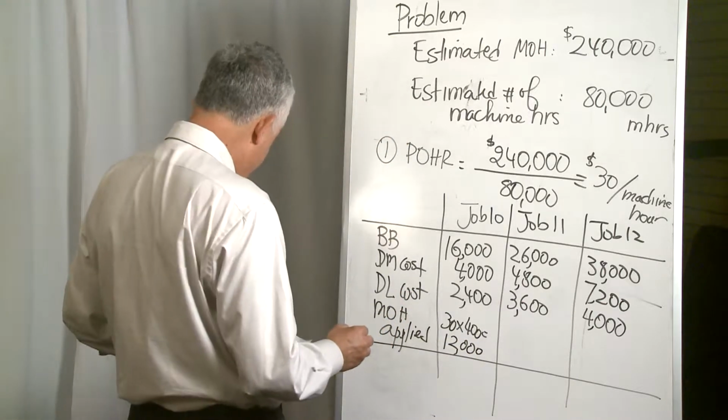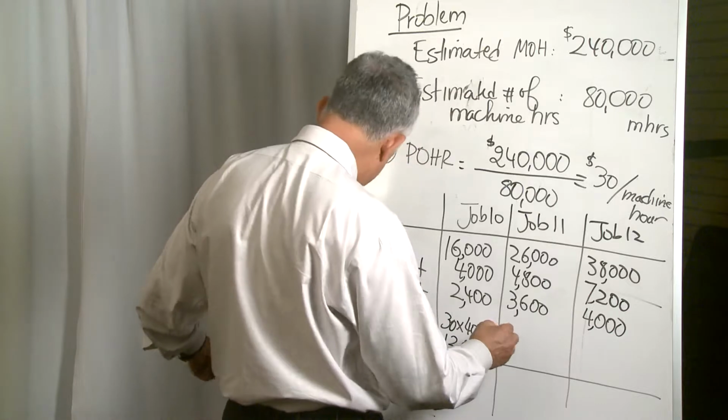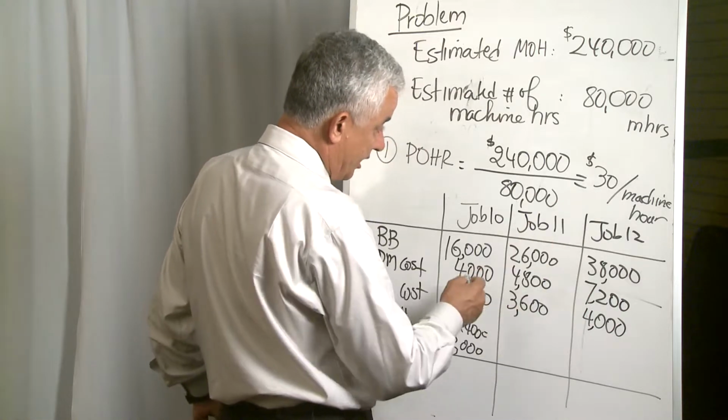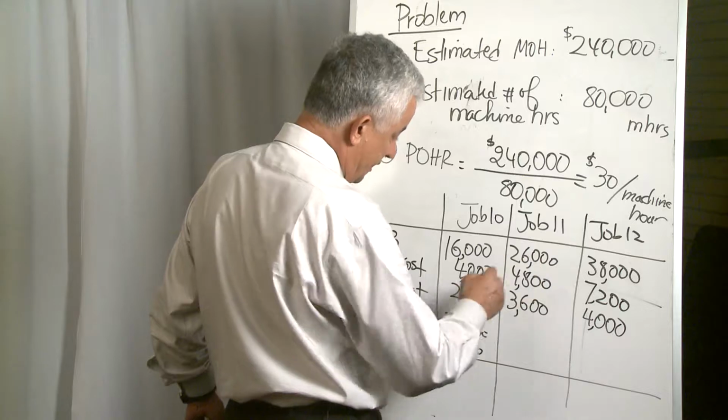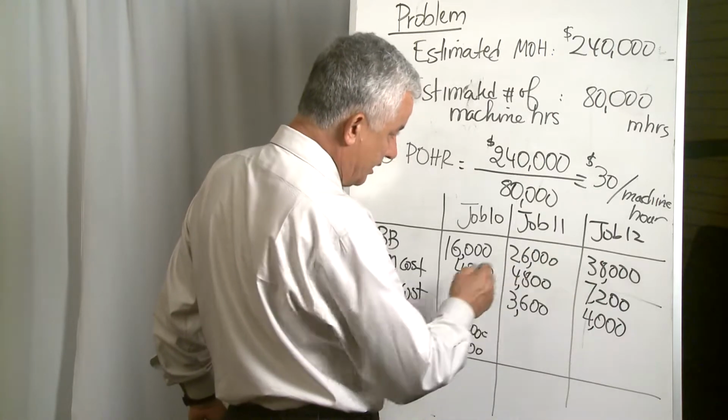We proceed in similar ways. The allocation to job 11 would depend on the machine hours used by job 11, and we do the same for job 12.